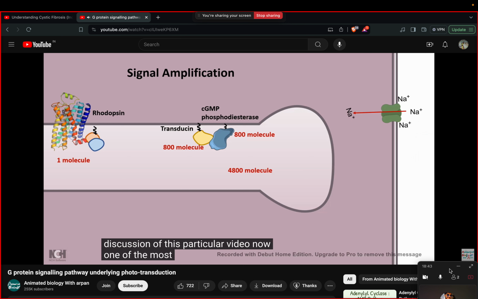Now, one of the most important features of this pathway is the signal amplification capability. It turns out that one molecule of rhodopsin can at least activate 800 molecules of transducin. Now, one transducin molecule can activate one cyclic GMP phosphodiesterase, but there is a twist. The cyclic GMP phosphodiesterase molecule can at least hydrolyze 6 molecules of cyclic GMP.